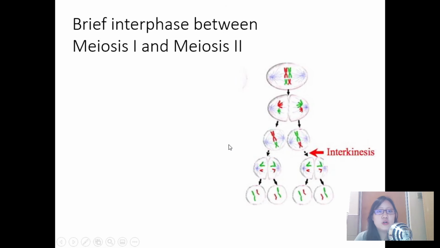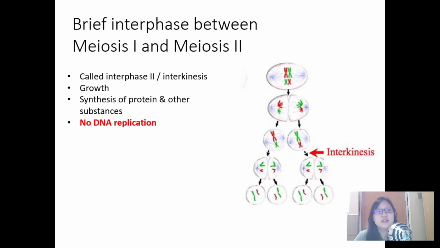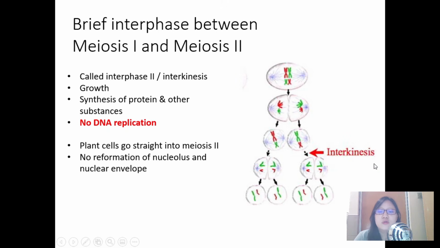After all that cytokinesis, there is a brief interphase between meiosis I and meiosis II. This brief interphase doesn't have any DNA replication. It's just some growth, some synthesis of proteins or other substances. There's not a lot going on, and it's called interkinesis or interphase 2, because this is the second time it's going through interphase.